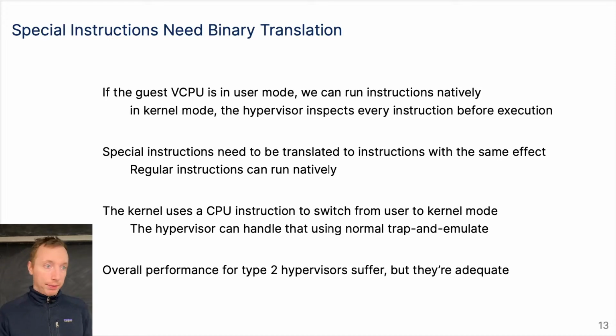As part of the simulation, you would update that, noting that your virtual CPU should be in kernel mode. Since it's in kernel mode now, I also have to start analyzing and doing this binary translation in case I run into a special instruction. So your performance is going to be worse, because when you are in kernel mode with this type of architecture, you have to start inspecting every single instruction, which is going to be much, much slower.